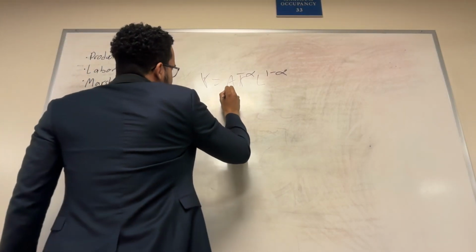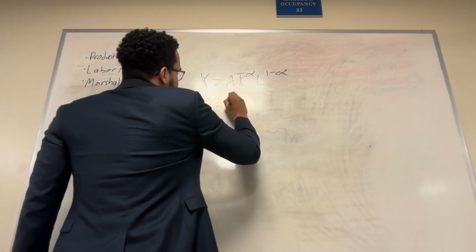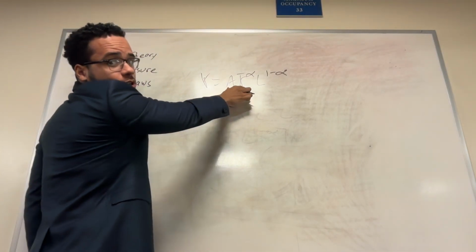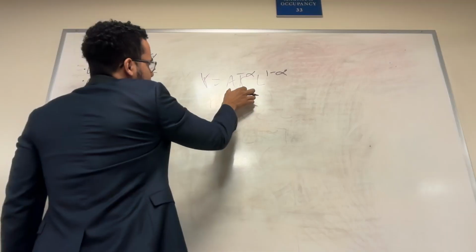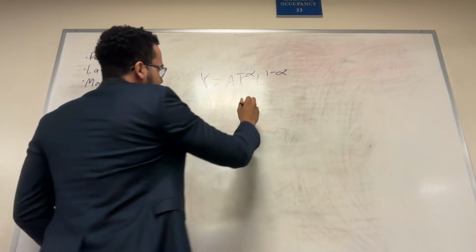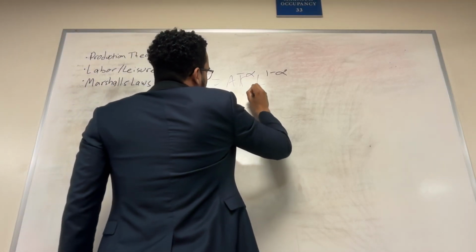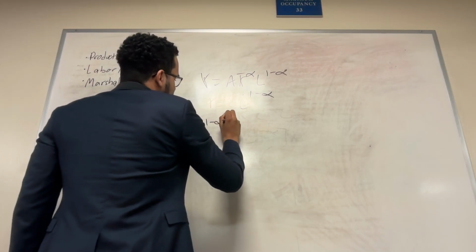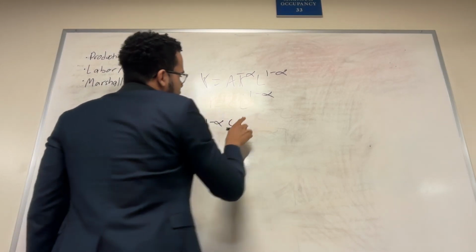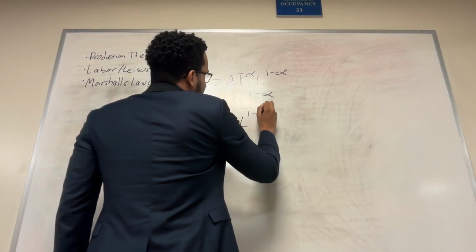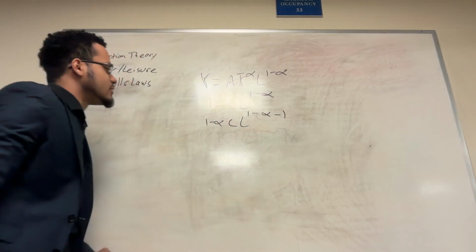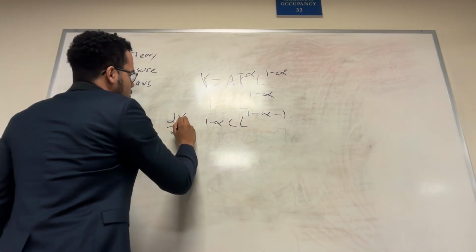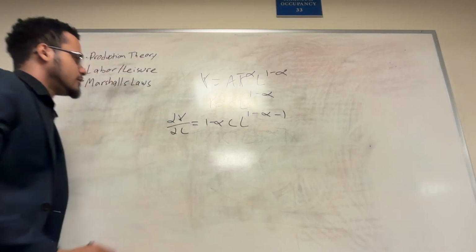So Y equals C, some constant, because if capital is constant, then this whole part of the term is just a constant. So C times L to the 1 minus alpha, and then we just do 1 minus alpha times C, and then L to the 1 minus alpha minus 1. We're essentially just taking a derivative with respect to labor, right?